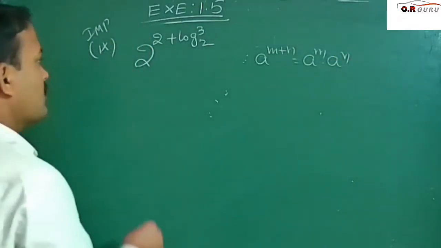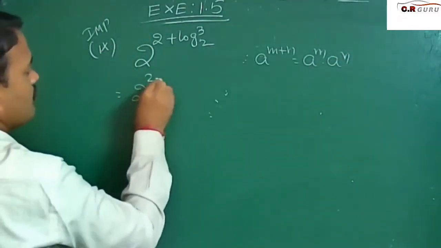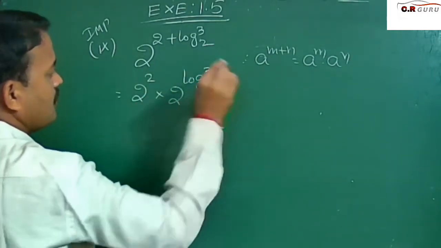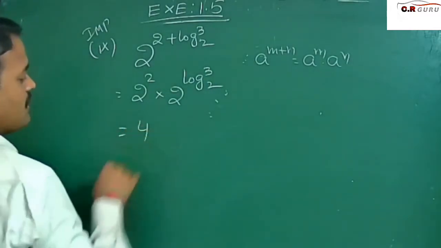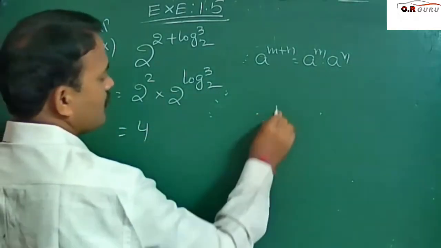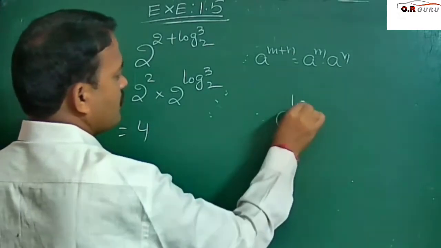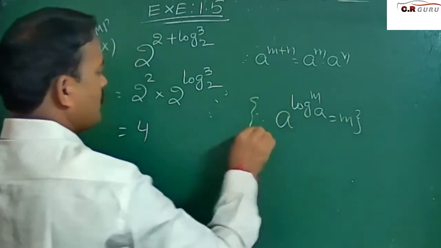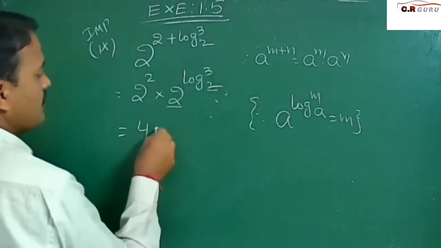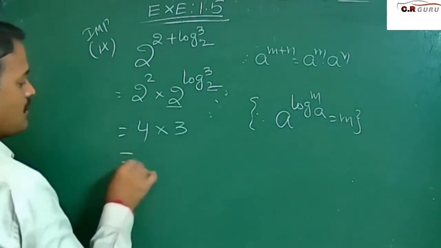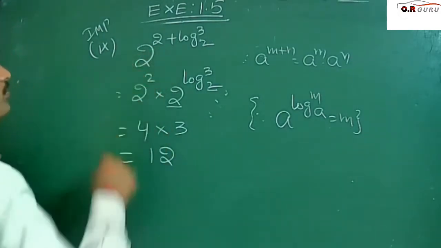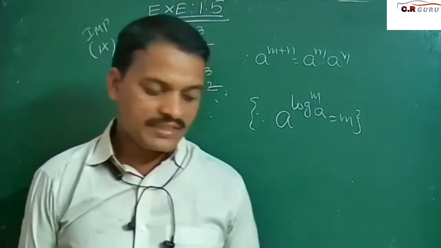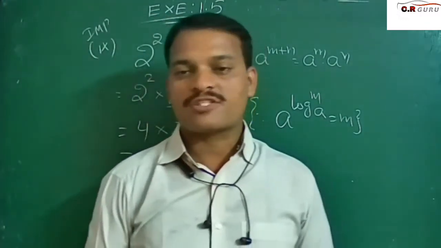So this can be written as 2 to the power of 2 into 2 to the power of log 3 base 2. 2 square is 4. Now you know one more formula: a to the power of log m base a equals m. Here the base is equal, so that value will become 3. So that equals 12. So 2 to the power of 2 plus log 3 base 2 value will become 12. So this is about the first Roman sum.